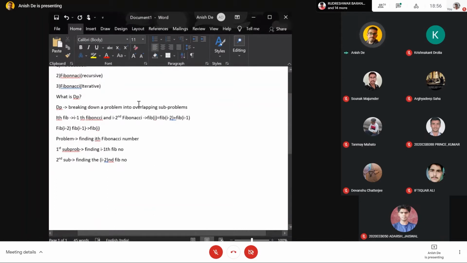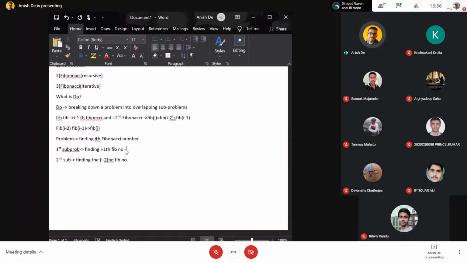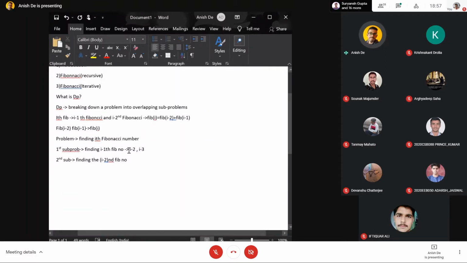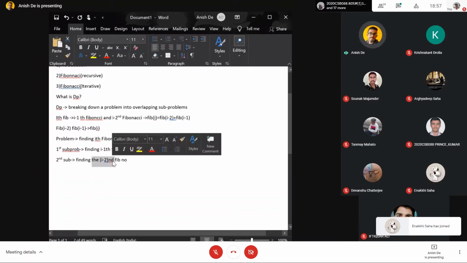And now what do we mean by overlapping? Overlapping means, let's say that for finding the answer to this subproblem, we again have to break it down into two other subproblems: the I minus 2 Fibonacci number and I minus 3. For finding the I minus 1th Fibonacci number, we first have to find these two, and see that here and here the subproblems are overlapping.